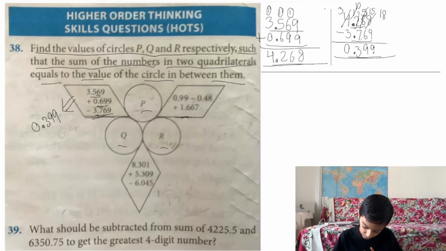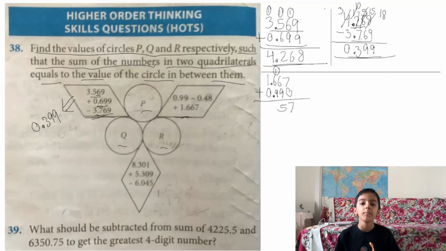So we first will do 1.667. We can put a 0 after the decimal in 0.99 because it does not change the value of the decimal. So now let's add. 7 plus 0 is equal to 7. 6 plus 9 is equal to 15. 5, 1 carry over. 6 plus 1 is equal to 7 and 7 plus 9 is equal to 16. 6, 1 carry over, and we'll put a point under the point, and here 1 plus 1 is equal to 2 and 2 plus 0 is equal to 2.